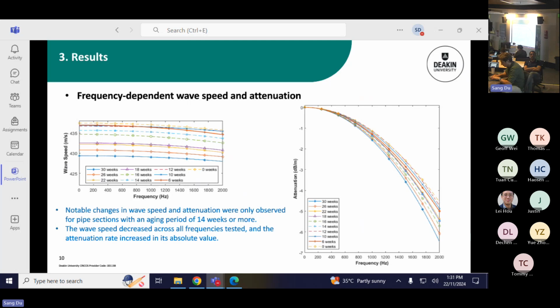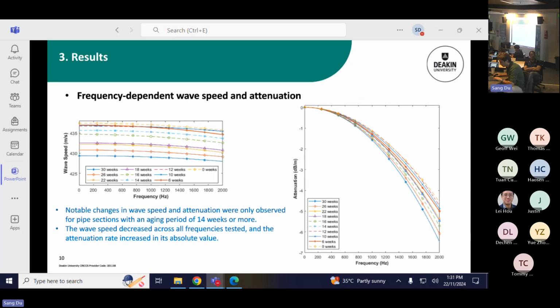That is as expected, because for the first, let's say, 14 weeks, the antioxidants are still there, still something remaining at least. So we don't really have changes in the polymer chains. We don't expect to see much deterioration in terms of mechanical properties.